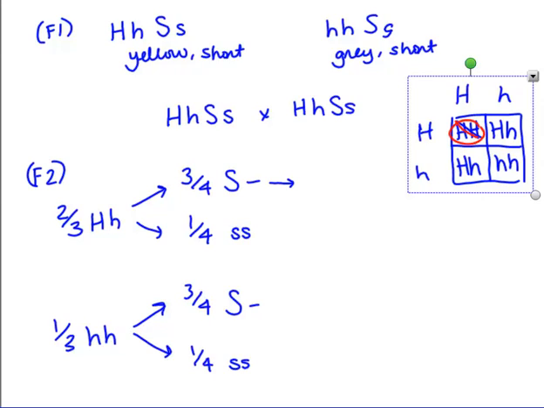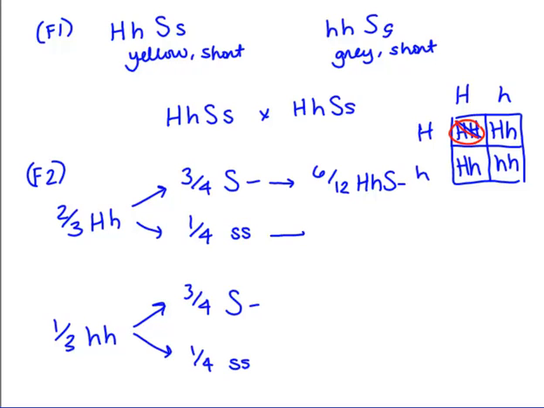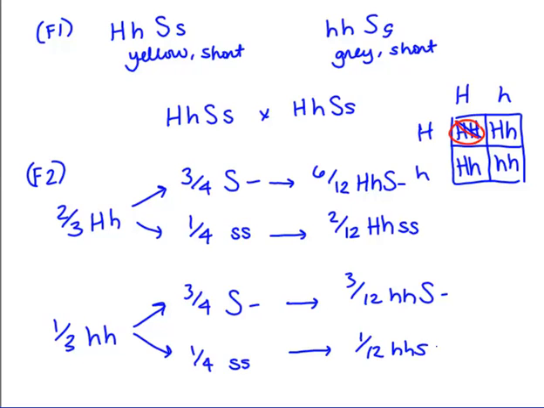Okay. So 2/3 times 3/4. So you have 6/12 being big H, little h, and at least one big S. Then you have 2 out of 12 big H, little h, little s, 3/12 little h, at least one big S, and 1/12 little h, little s.